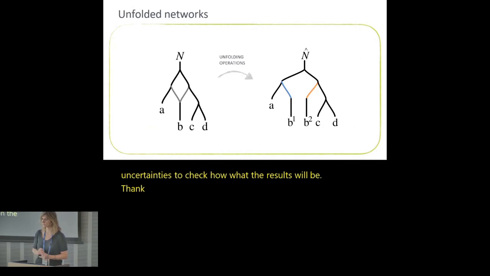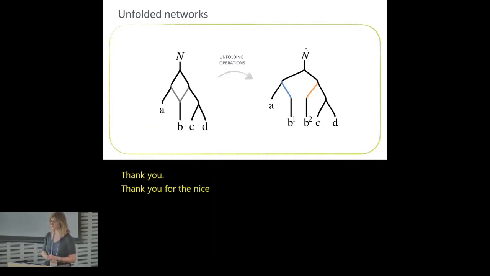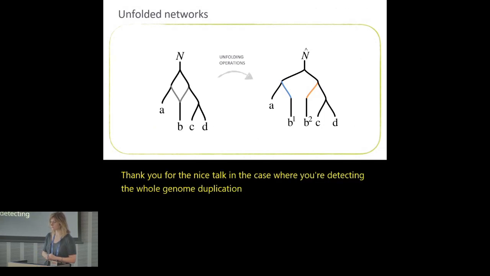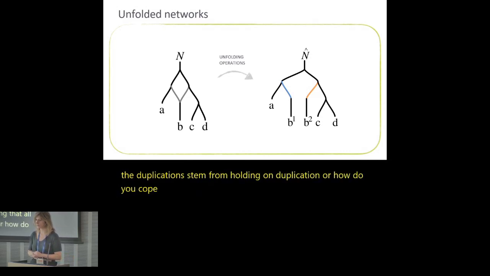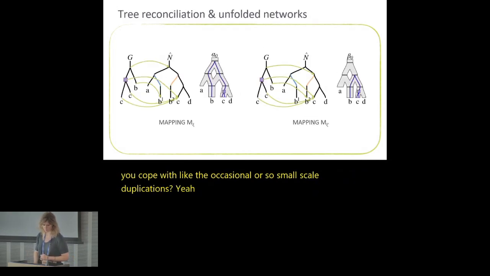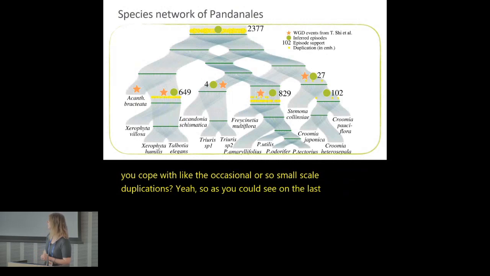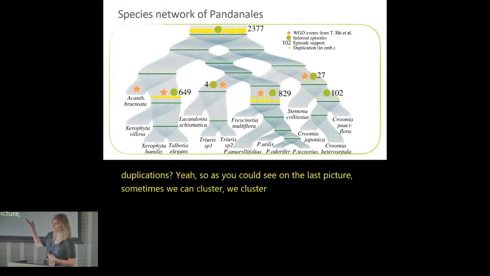Thank you. Thank you for the nice talk. In the case where you're detecting the whole genome duplication, are you assuming that all the duplications stem from whole genome duplication, or how do you cope with the occasional small scale duplications? Yeah, so as you could see on the last picture, sometimes we cluster only, for example, 4 duplications.